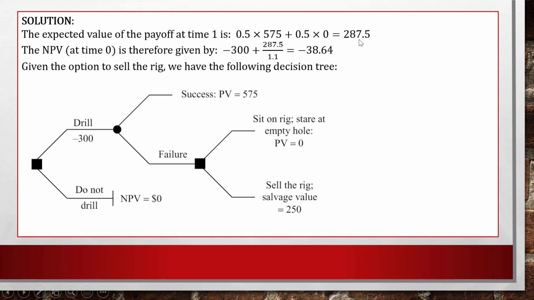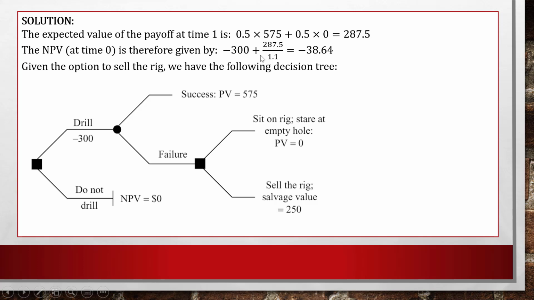So we get 287.5. So the NPV at time 0 is therefore given by, remember the formula, minus initial investment plus the cash flow at time 1 over 1 plus the cost of capital to the n, here we consider 1 year, right?